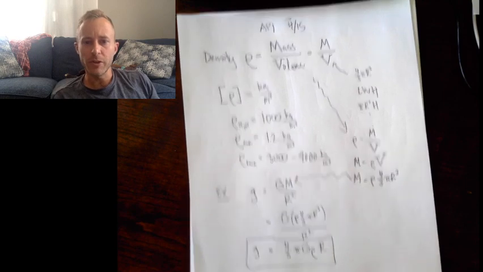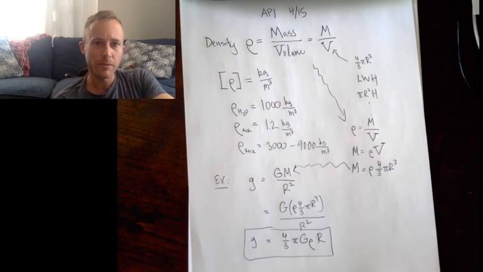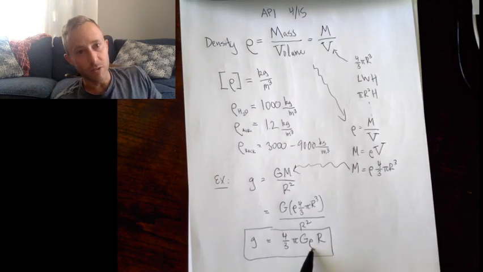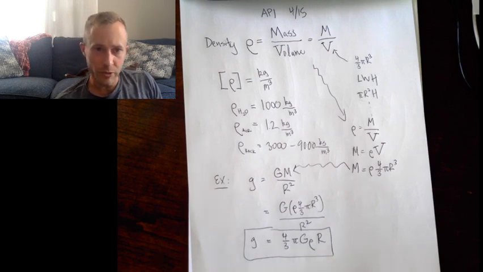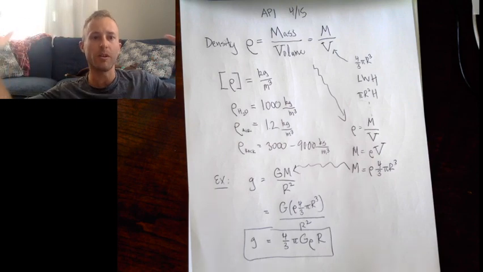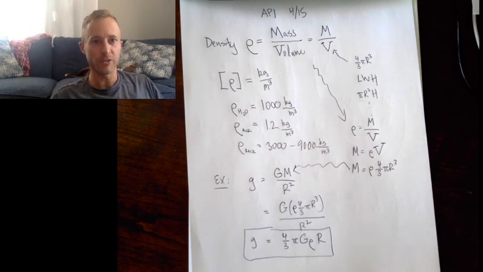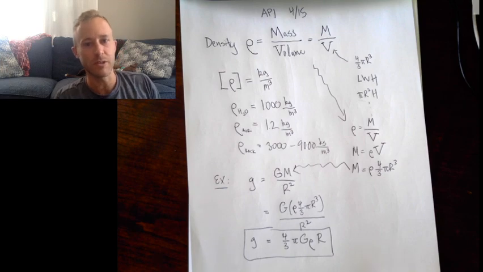So one of the things that's interesting about this is what it says is as long as we keep the density of the planet constant, which is a reasonable assumption because if we make a planet bigger, we're piling on more layers of rock that all has the same density, okay?